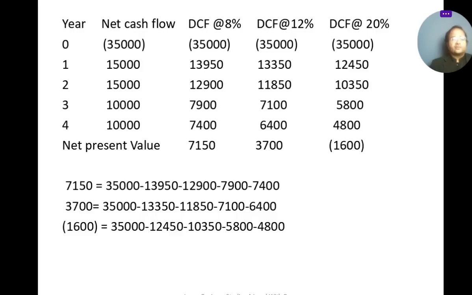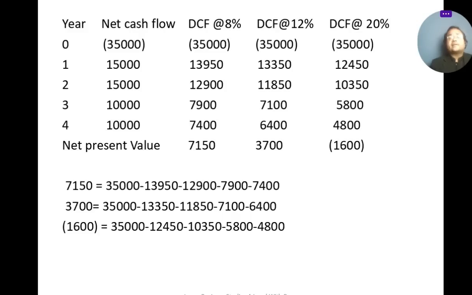So you add all the positive cash flows at 8% and subtract the initial investment, and you get 7,150. Second, at a 12% discount rate, 3,700. And at a 20% discount rate, your net cash flow is negative 1,600.